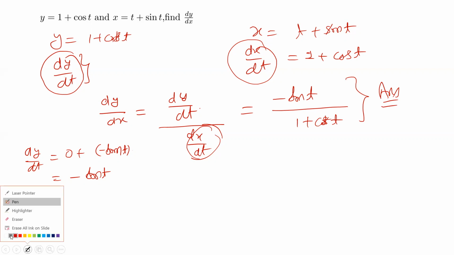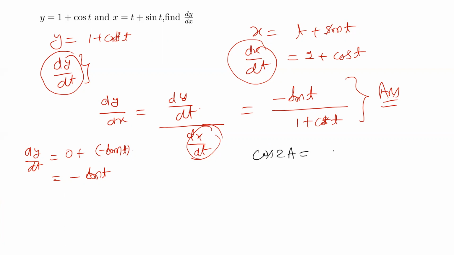If you remember the formula for cos 2a: cos square a minus sin square a. You can also write it in terms of cos only, 2 cos square a minus 1. In terms of sin, you can also write 1 minus 2 sin square a.